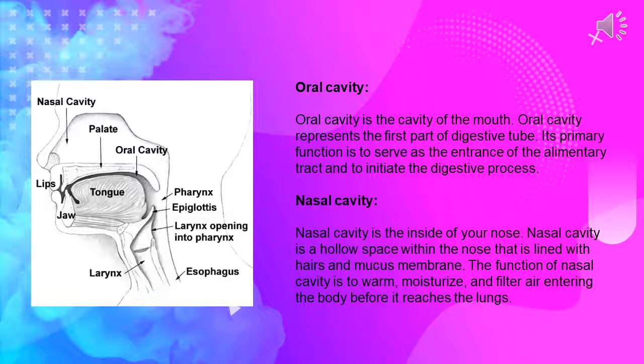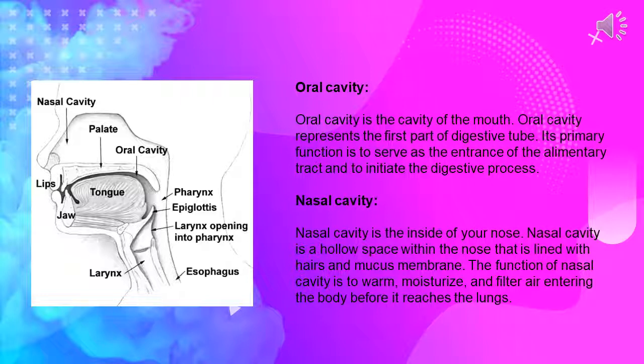deer. Nasal cavity is inside our nose. Nasal cavity is a hollow space within the nose that is lined with hairs and membrane. The function of the nasal cavity is to warm, moisten, and filter air entering the body before it reaches the lungs.